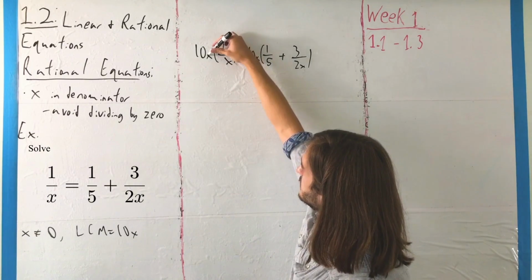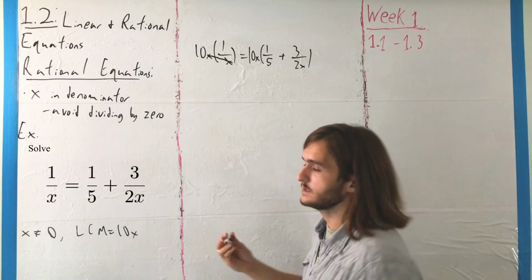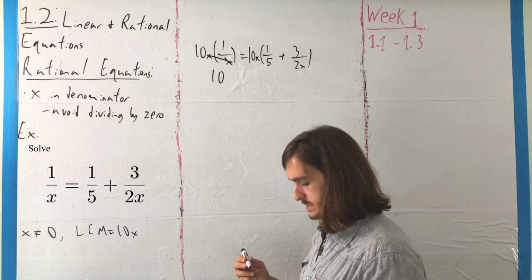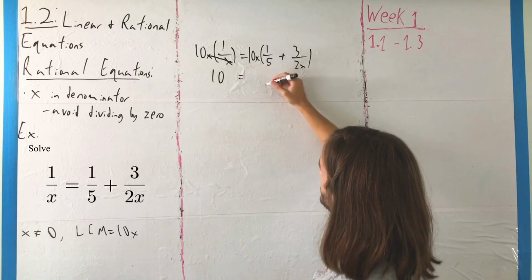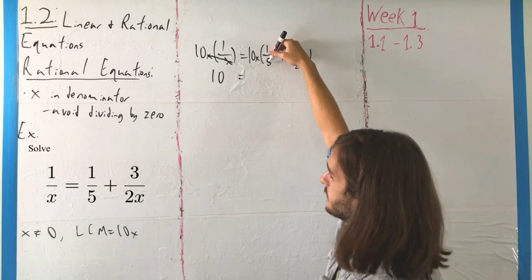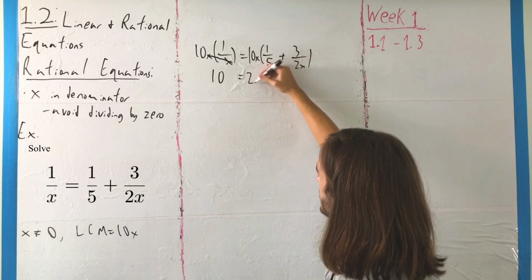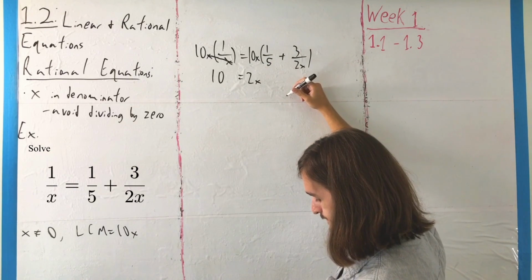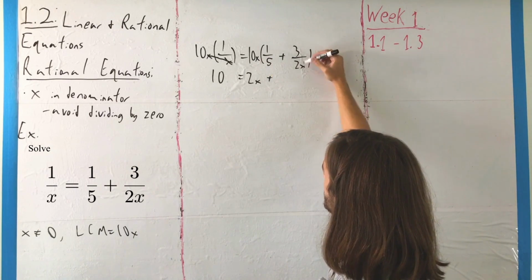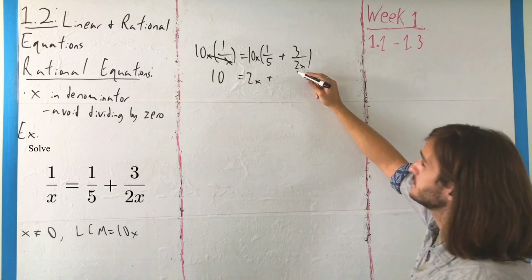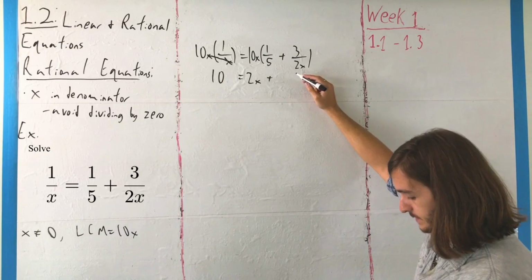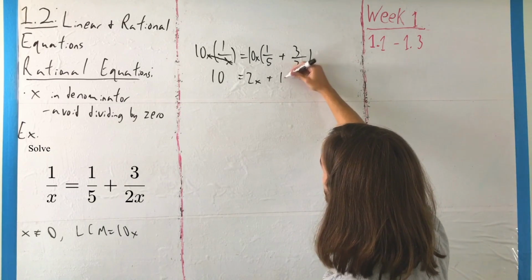But because we did the same thing on both sides, the x's cancel, so on the left, all we'll get is 10. Meanwhile, over here, 10x goes into 1/5, gets rid of the 5, and you're left with 2x. And over here, 10x kills the x, and 10 divided by 2 leaves a 5, and you just have 15.